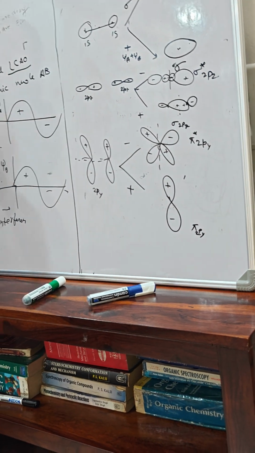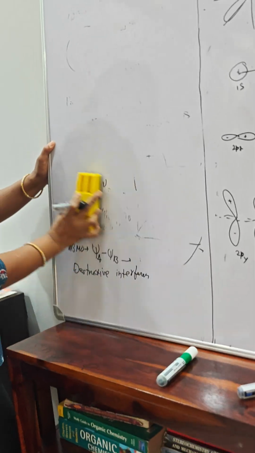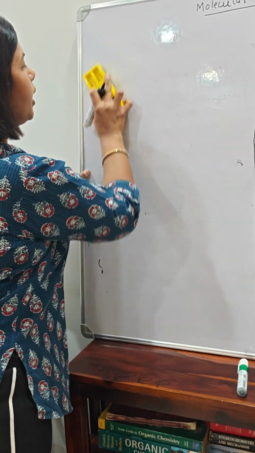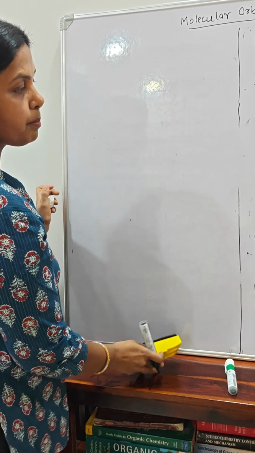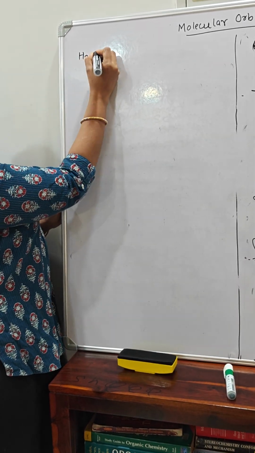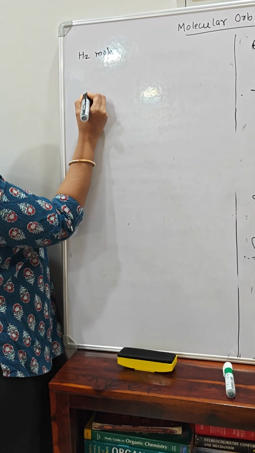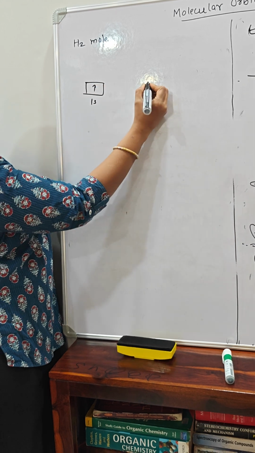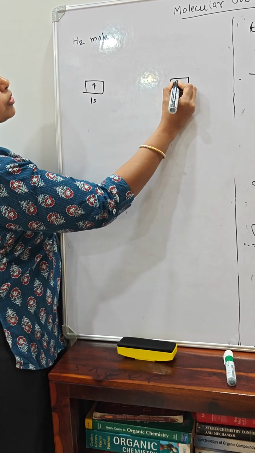Now we can see an example of how these atomic orbitals combine. I will take a simple example. Suppose we want to look at a hydrogen molecule. In the hydrogen molecule, one hydrogen has one electron and the other hydrogen has one electron.